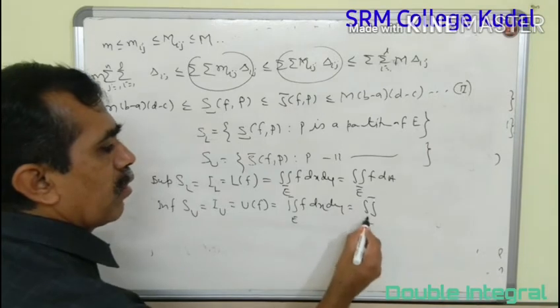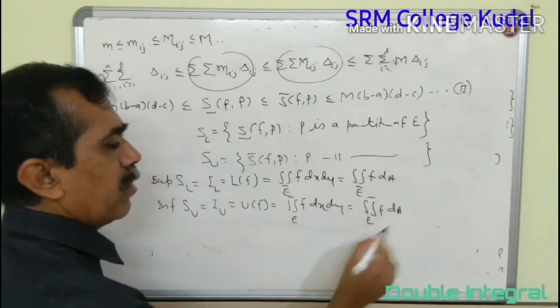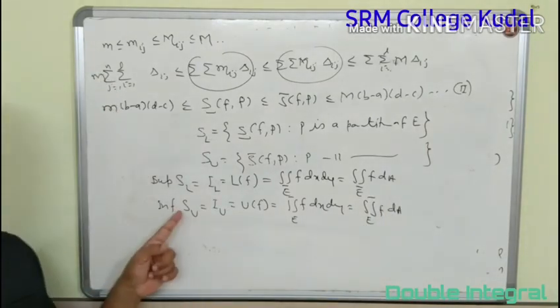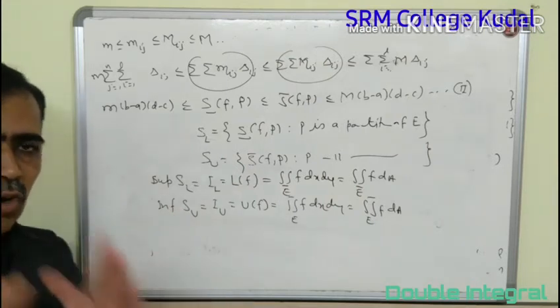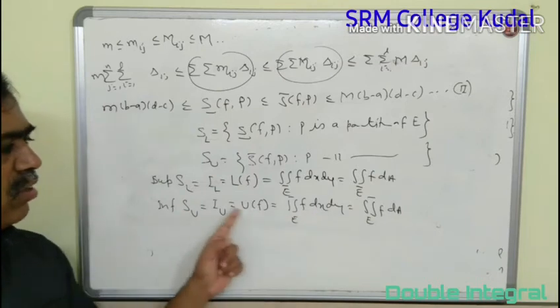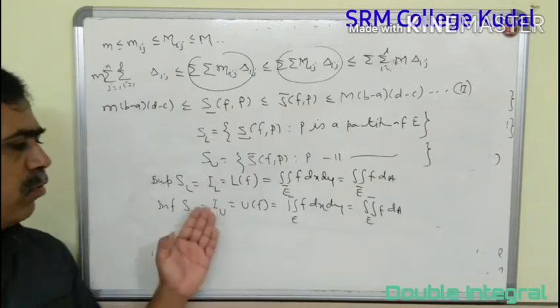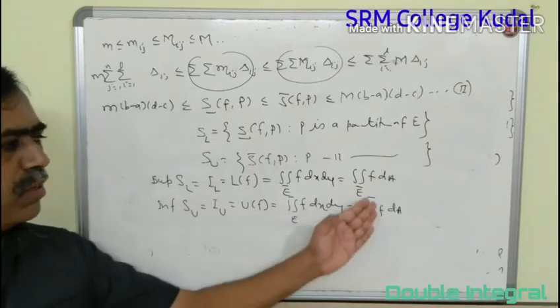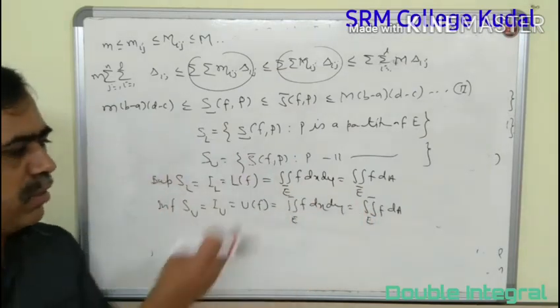The smallest upper sum is called the upper double integral of f over E, and it is denoted either by U of f, or I of U, or infimum SU, or in the form of the double integral notation like this.